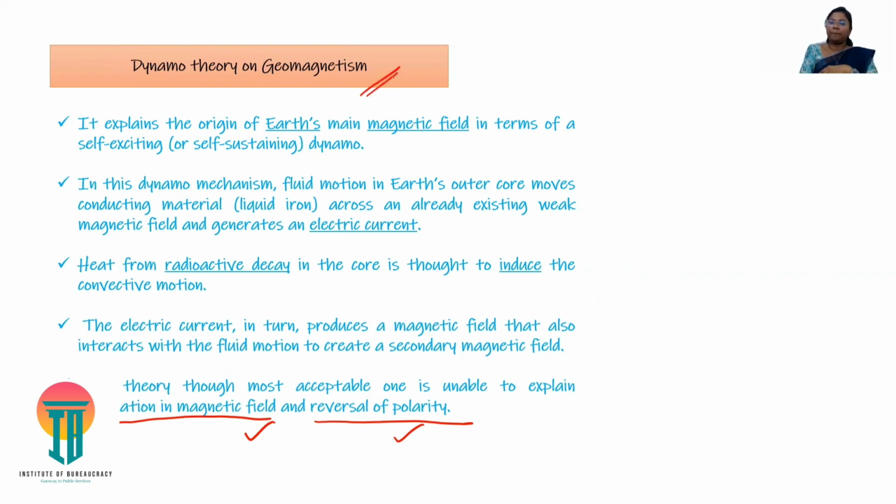Even this theory, which is the most recent and most relevant theory, which answers most of the questions which the earlier theories couldn't explain, could not explain this. The earlier theories had many flaws; this is the most recent theory. Even this could not explain the fluctuations in the magnetic field and the reversals of polarity. So this is the simple explanation of the geomagnetic theory.